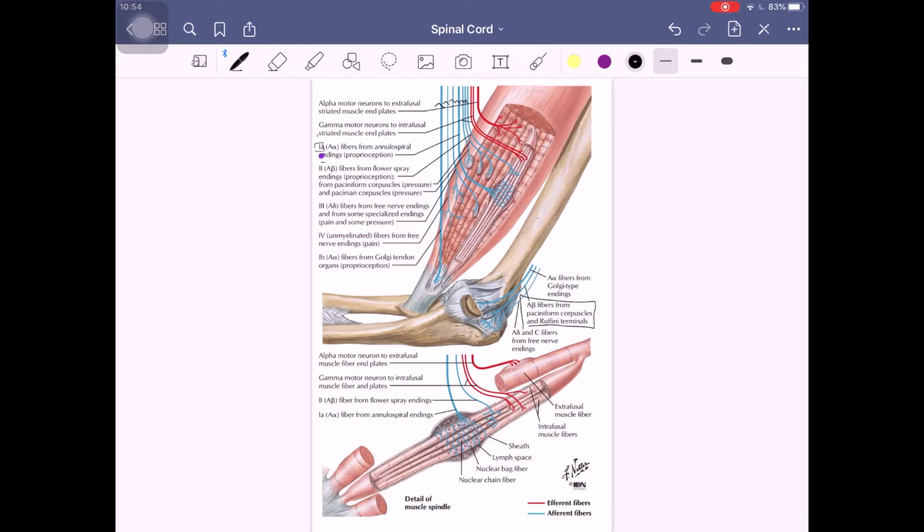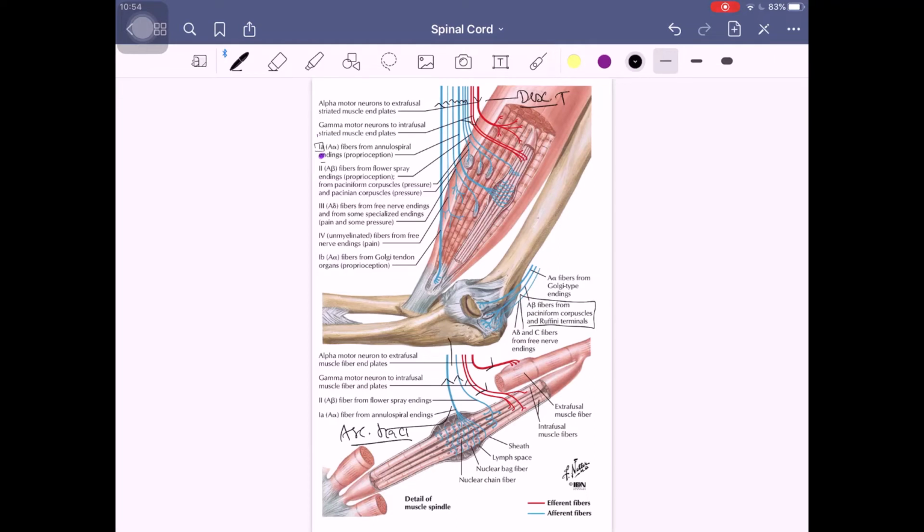They go up, become the central process, and relay in the spinal cord. Whereas the red ones are coming out from your ventral root. So the red ones are your descending tract, whereas the blue ones are your ascending tract.